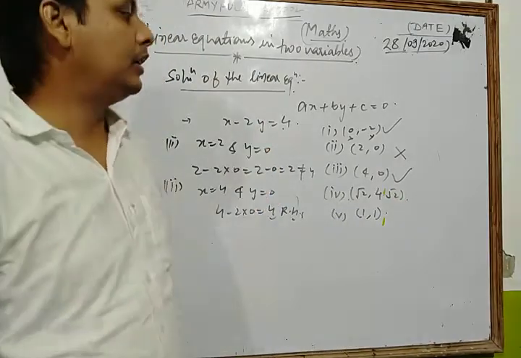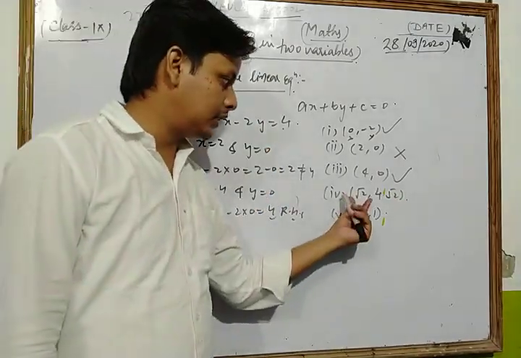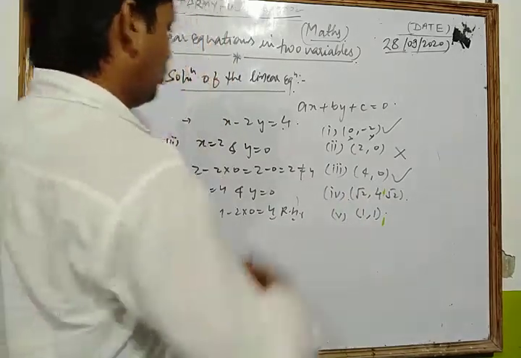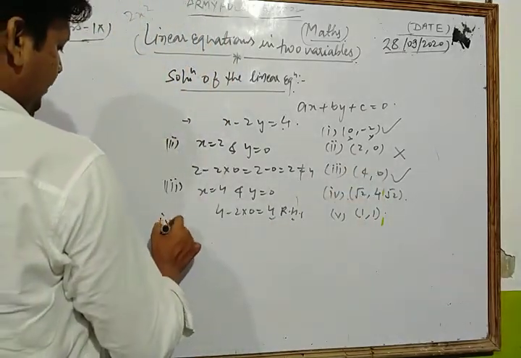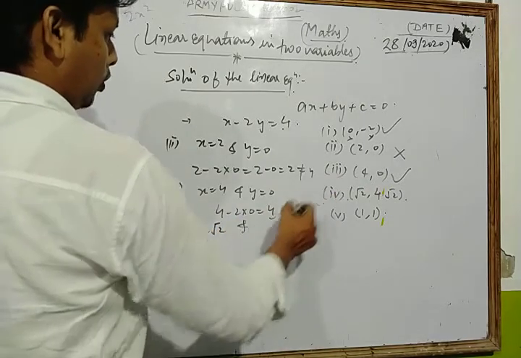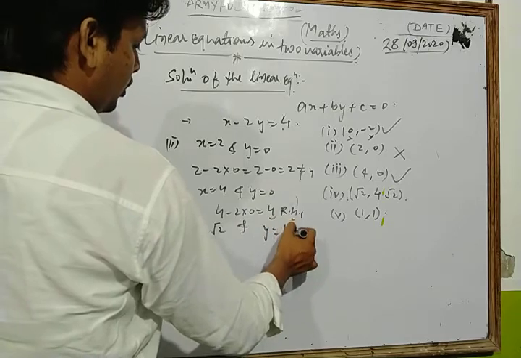Similarly, we check root 2 and 4 root 2. Now we take the fourth part of this question and put x is equal to root 2 and y is equal to 4 root 2.